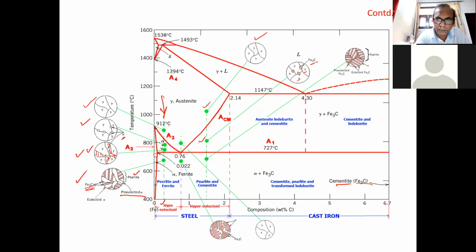You further cool it after this temperature, the lower critical temperature, and you will get a microstructure of this kind. Again, you will get the perlite, you will get eutectoid Fe3C and proeutectoid Fe3C. The structure will be known as perlite and cementite.